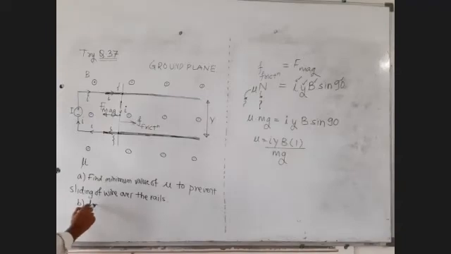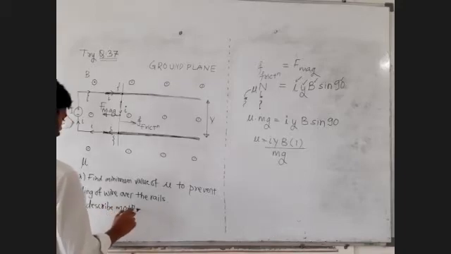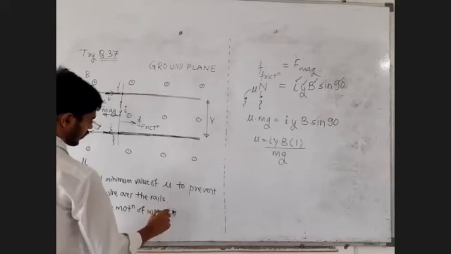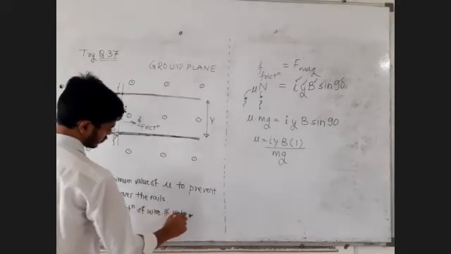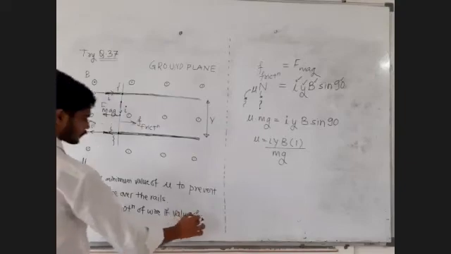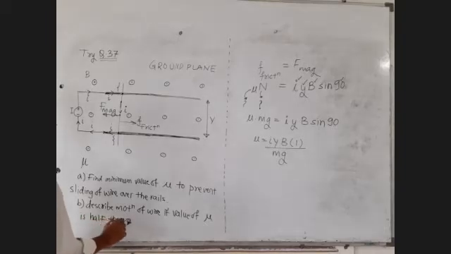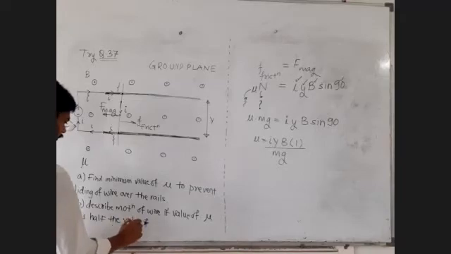Describe the motion of the wire if the value of mu is half the value found in the previous part.